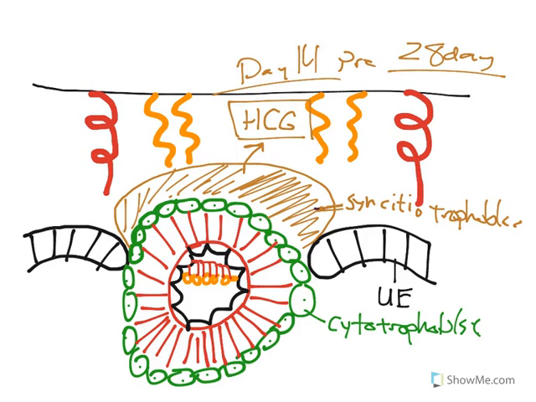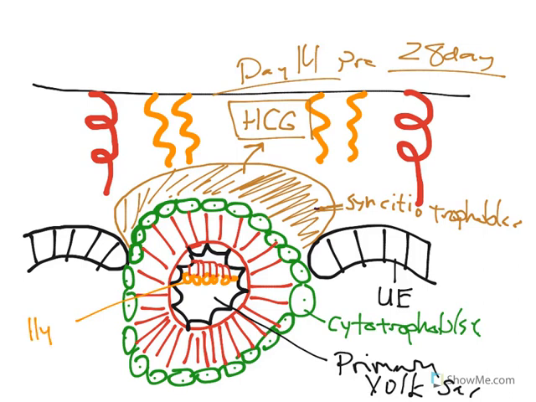So let's go ahead and label some other things here, and we're going to label the yolk sac, or primary yolk sac. So the primary yolk sac being here, that makes these cells here the hypoblastic cells. Hypoblast. So those are the hypoblastic cells.